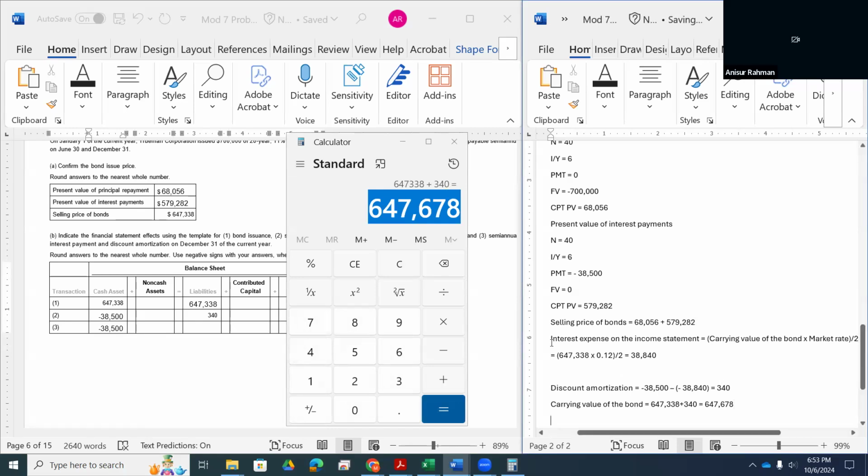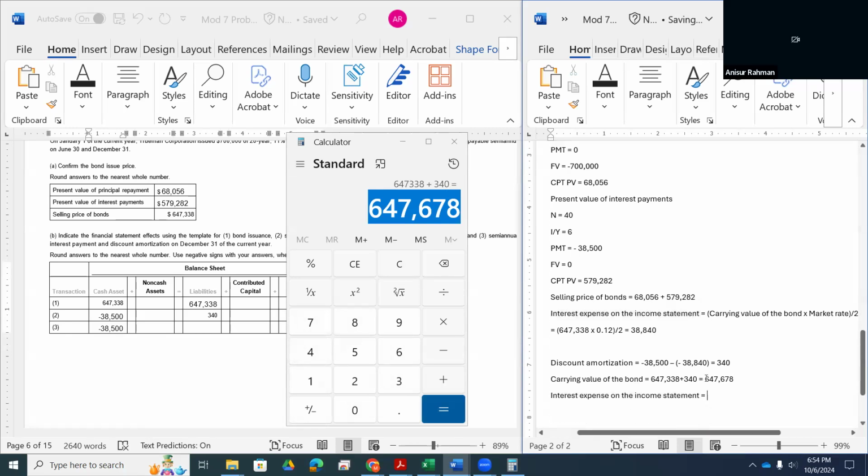And interest expense on income statement will be this amount times our market rate, which is 12% as before.